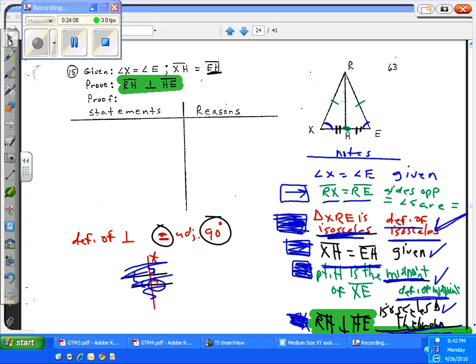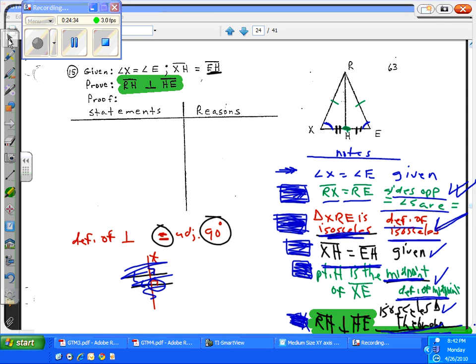That statement has the reason angles or sides opposite equal angles are equal. To say sides opposite equal angles are equal, you need the sides are equal, but you need the angles that they were opposite equal also. So to justify this reason, we have to have these two statements. That reason is justified by the statements above it, therefore its statement is done with.